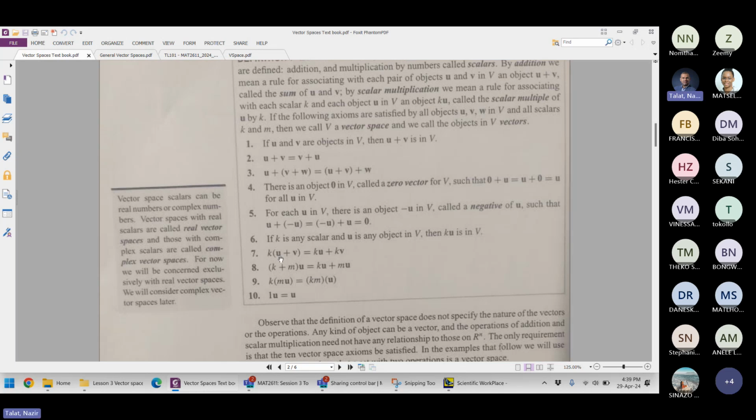I'm giving you the hint that if you compute 7, then hopefully it will hold. Axiom number 8 will hold for this problem number 6. Axiom number 9 will hold for that. But what about axiom number 10? As I initially told you, the last property sometimes makes a problem for us. It must always be satisfied that 1 times u is equal to u.